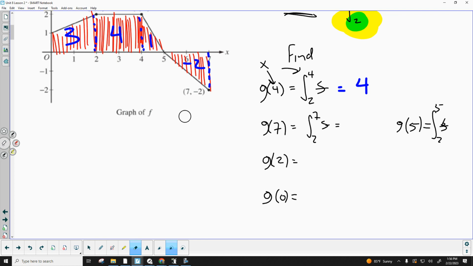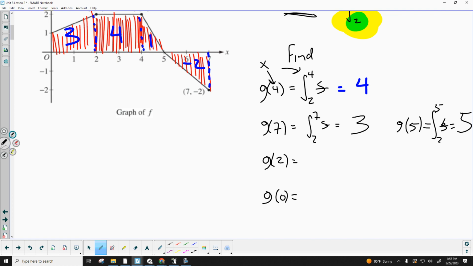Okay. Ready? We got to move. Let's go to g of 5 next. It'd be 2 to 5 accumulating f. From 2 to 5 accumulating f, I'm going to get 5. Good? Now, if I were to go to 7, from 2 to 7, I would have to add that -2 and I get 3.